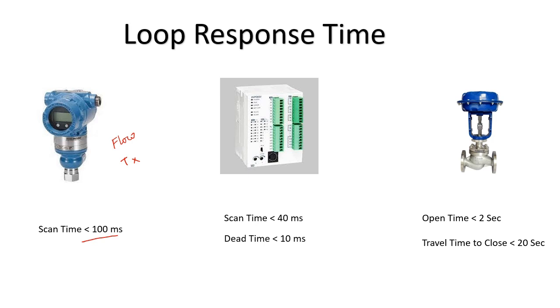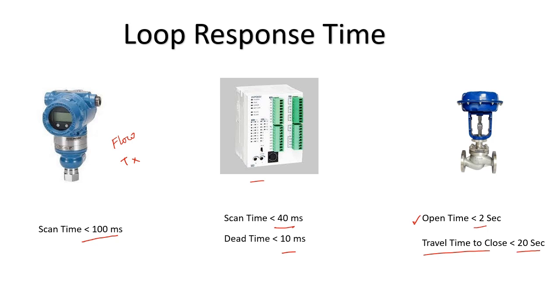Similarly, for the control system, the scan time should be less than 40 milliseconds and dead time should be less than 10 milliseconds. In the case of the anti-surge control valve, the opening time is more critical compared to the closing time. As a result, the opening time is specified as less than 2 seconds and the travel time to close can be within 20 seconds.